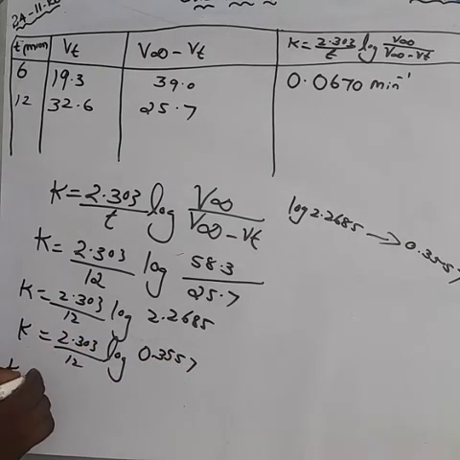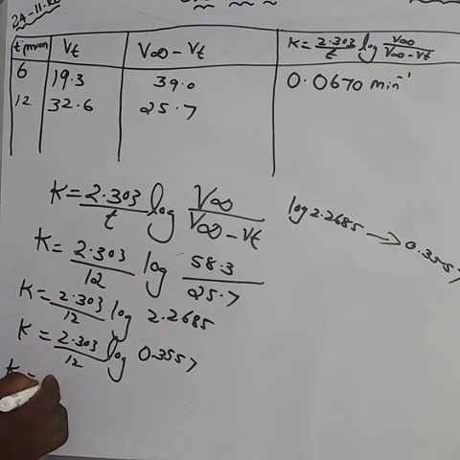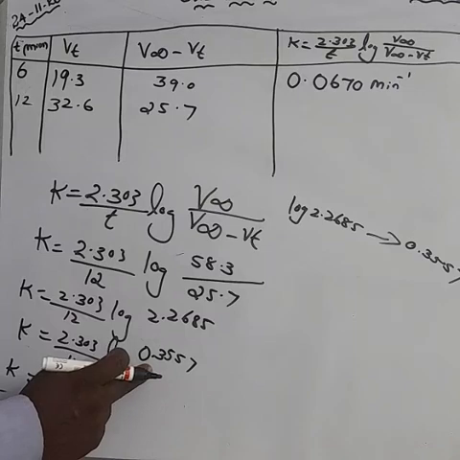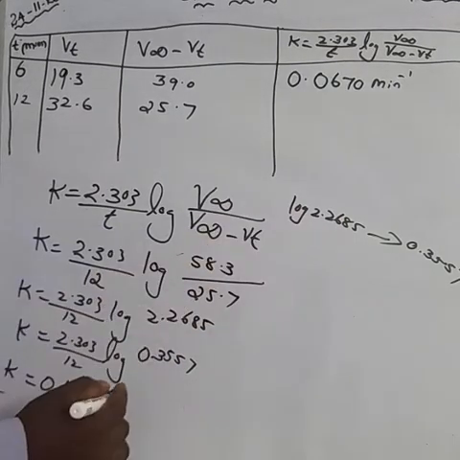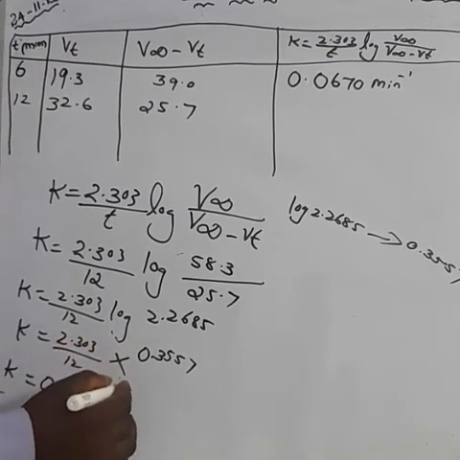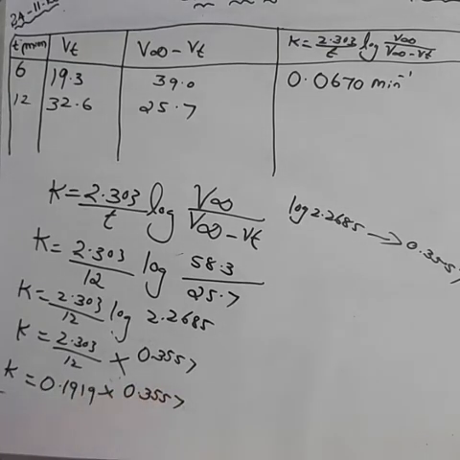So again we are multiplying. K is equal to 2.303 divided by 12, the value is 0.1919, into the log value 0.3557.